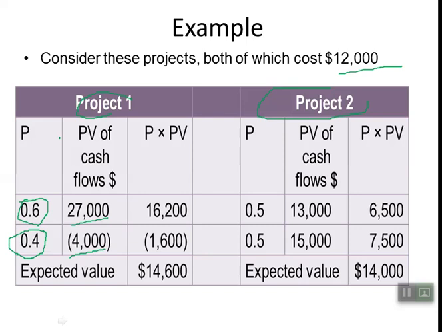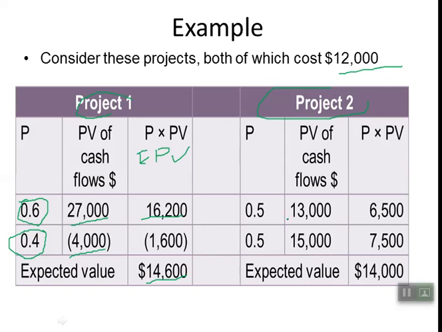So to get the expected present value here, we get our probability times the present value cash flows, then you get the expected present value. So you get this 0.4 times this, you get this. So you add this, your total cash flows, then you get the total expected present value cash flow.